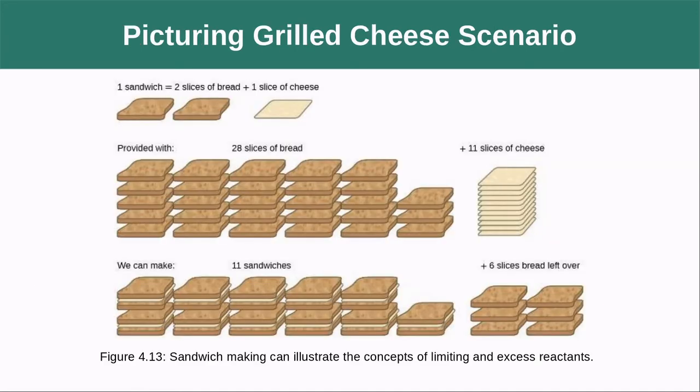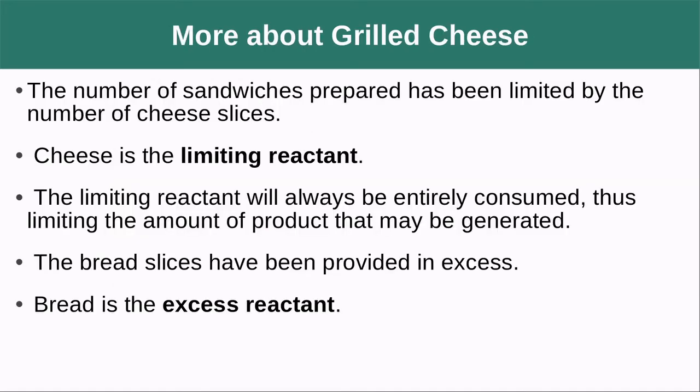See, so if we have 11 slices of cheese, we can only make 11 sandwiches. That's going to require 22 slices of bread. 28 minus 22, we have 6 slices of bread left over. The number of sandwiches prepared has been limited by the number of cheese slices.